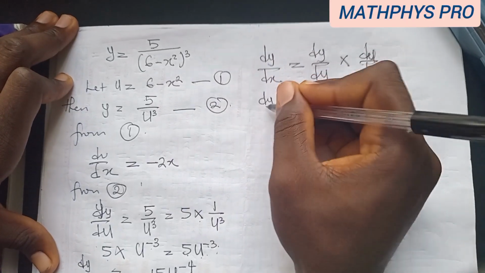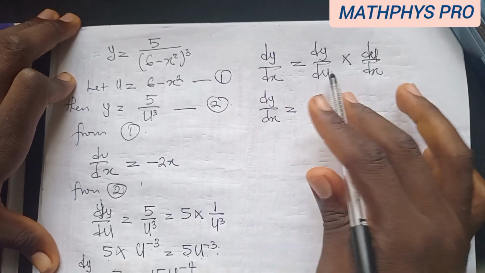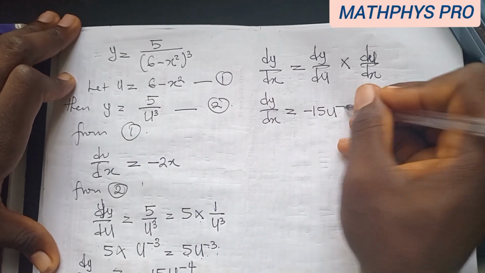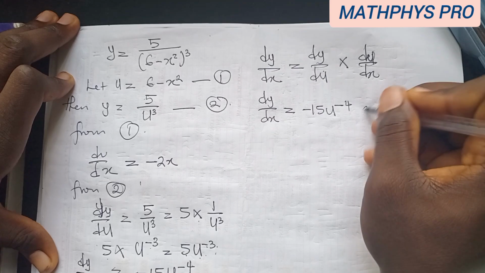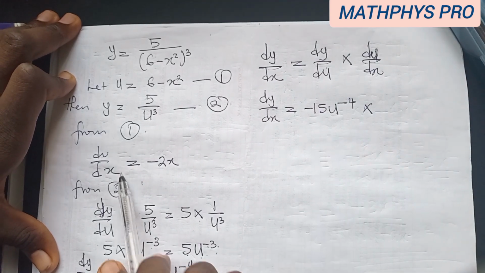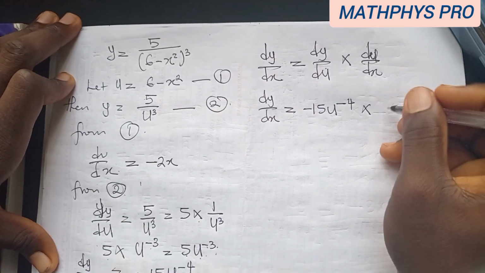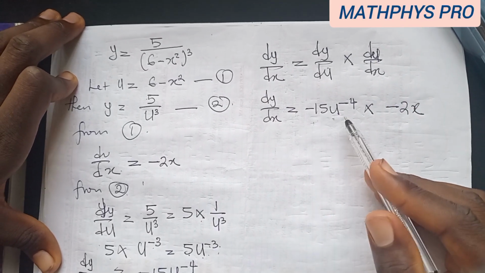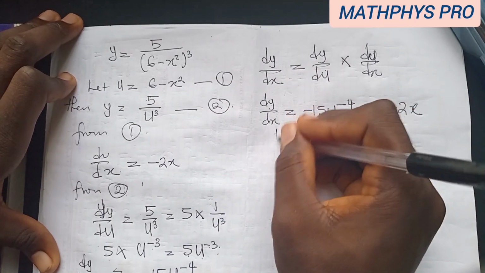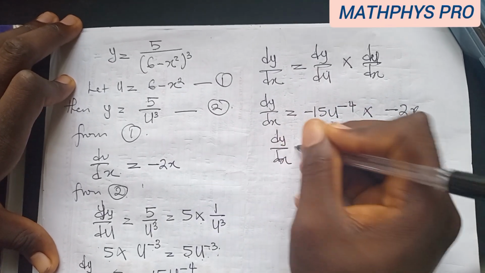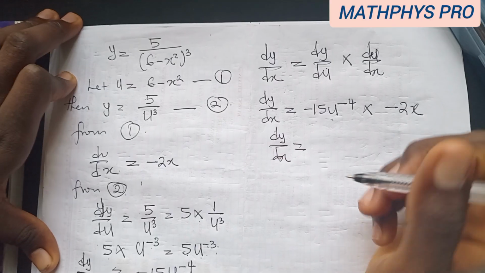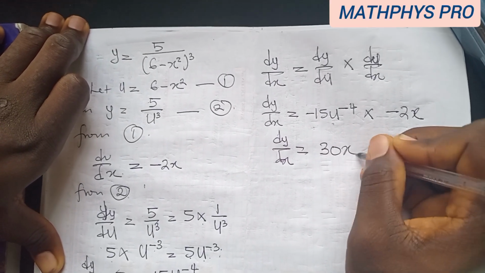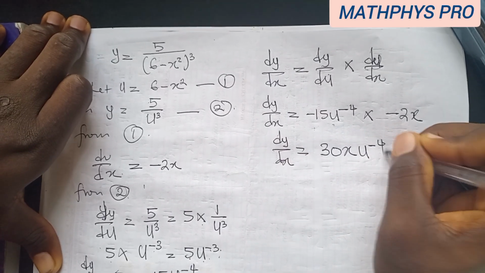So now dy/dx is equal to dy/du is minus 15u raised to the power minus 4 times du/dx. From equation 1, du/dx is minus 2x. So if we multiply minus 15u raised to the power minus 4 times minus 2x, we can say that dy/dx will be equal to 30x u raised to the power minus 4.